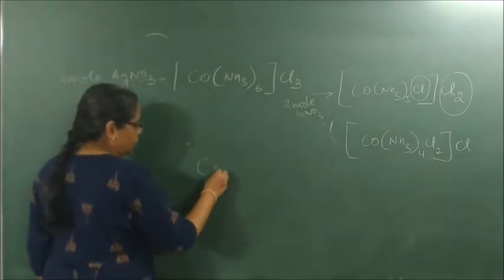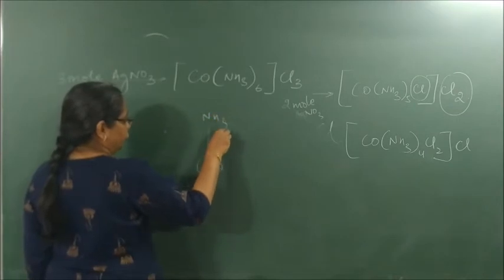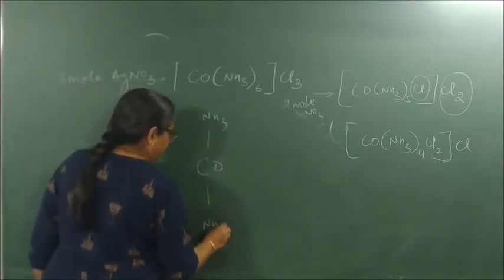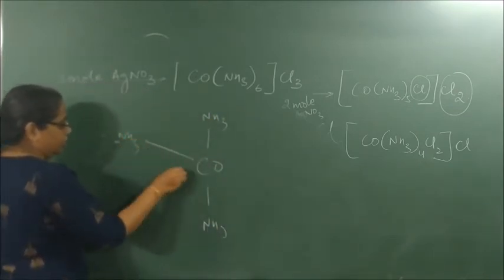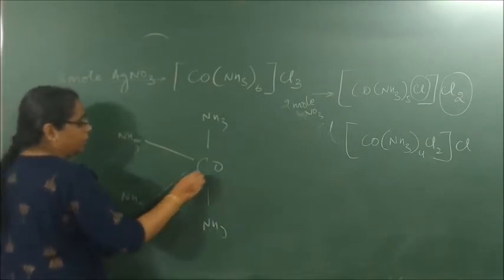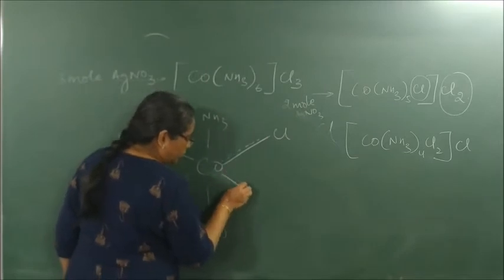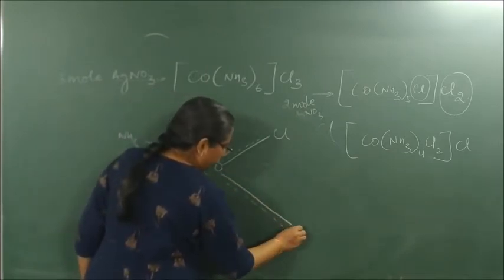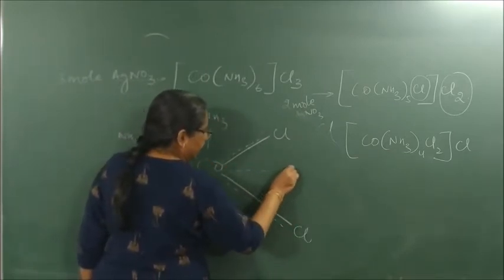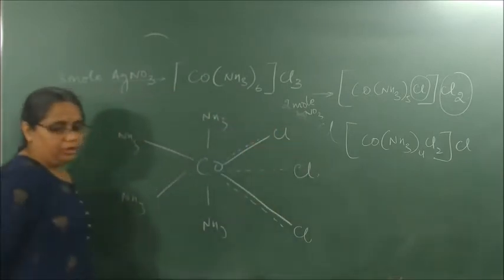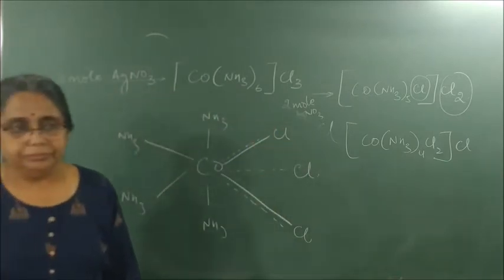We have Co, and we have NH3, NH3, NH3, NH3. We have one Cl showing dual nature, another Cl also showing dual nature, and one Cl showing the normal valency.